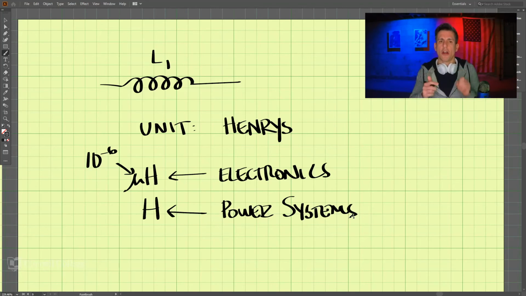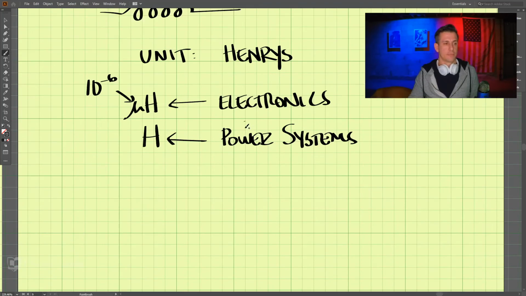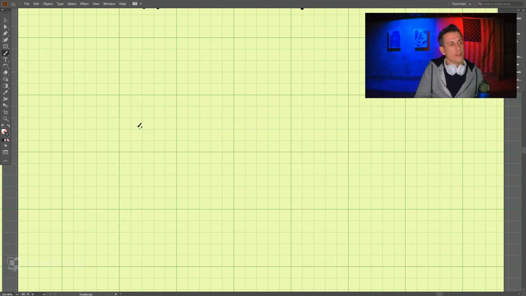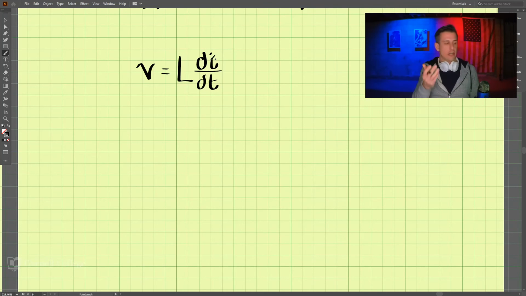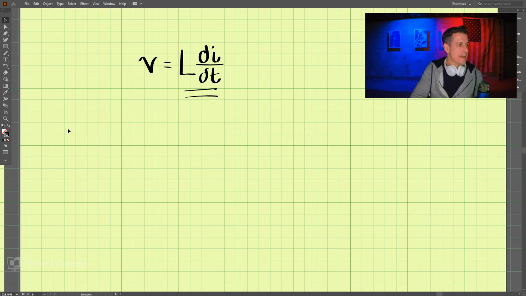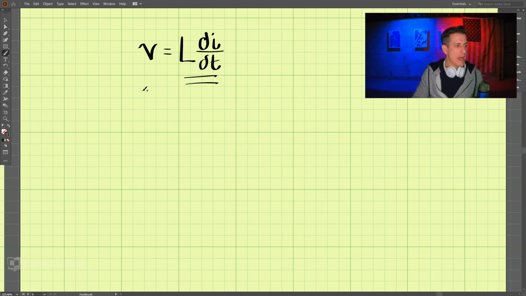Okay, so when are inductors helpful? If you remember, the voltage is equal to L di dt, the change in current with time. Let's take a look at an example where we have a house.